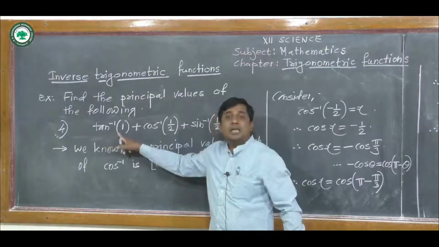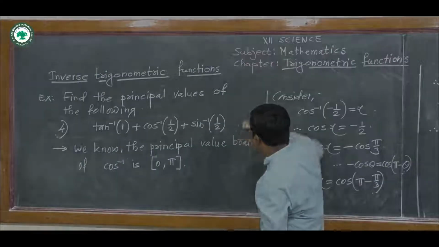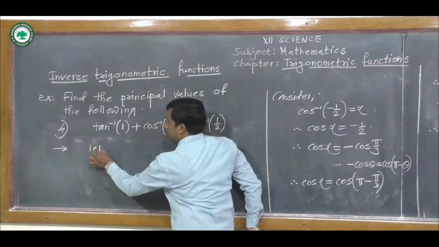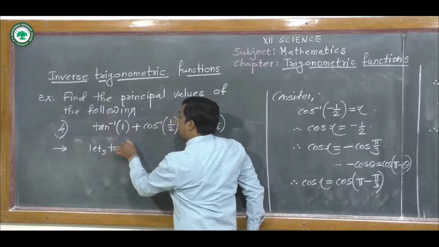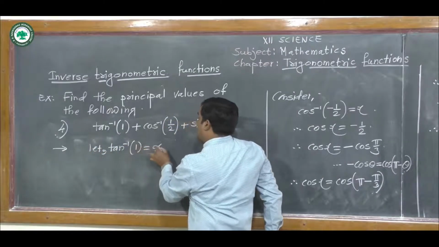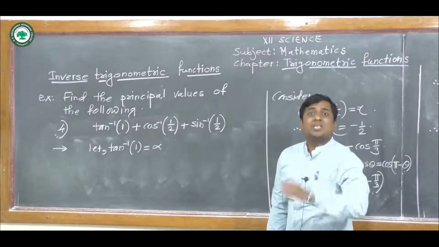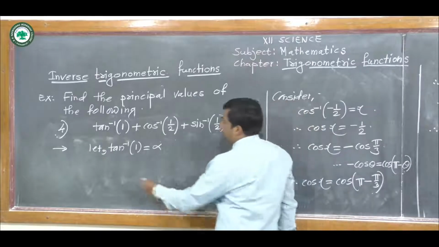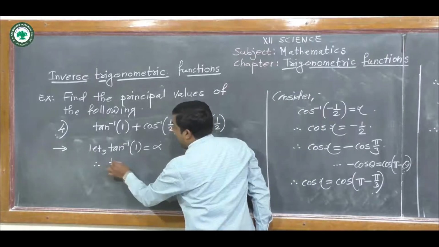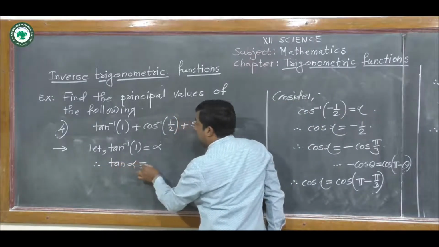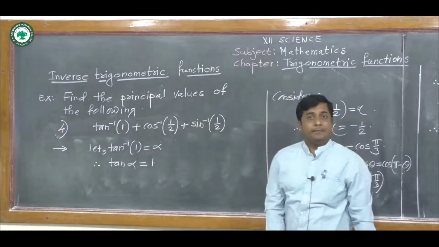Here we consider tan inverse of 1 first. Okay, let here tan inverse of 1 is equal to alpha. Then by using our definition of inverse trigonometric function, here I write this as tan alpha is equal to 1.